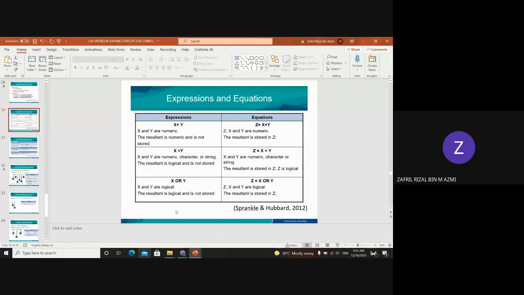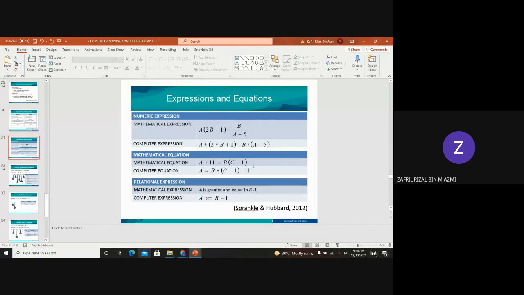Okay, this is an example again, some of the examples. This is the important part. So we have a manual mathematical expression over here, given to you. You are required to construct a computer program to solve this expression.